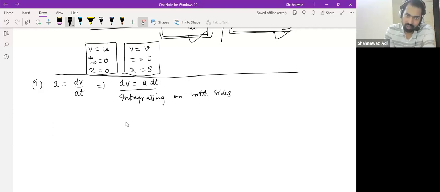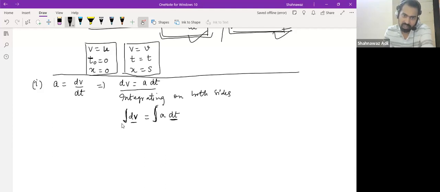So we have dv and a dt and the integral. You see that in here the integral is with respect to speed, and in here the integration is with respect to time. So in here the limit would be of speed, and in here the limit would be of time.